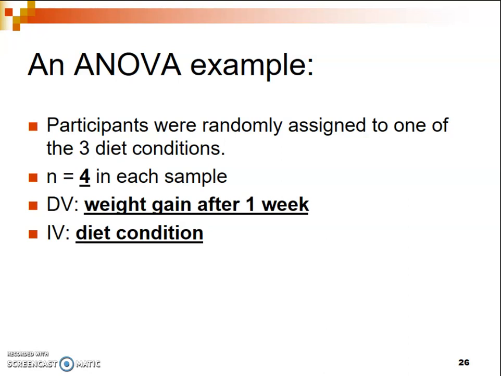So our independent variable or factor is your diet, and that factor is made up of these 3 different levels. So we had 3 groups that were being compared: the pizza group, the beer group, and the control group. So we've got 1 IV, 1 factor with 3 different levels, and we're measuring its impact on that 1 DV.